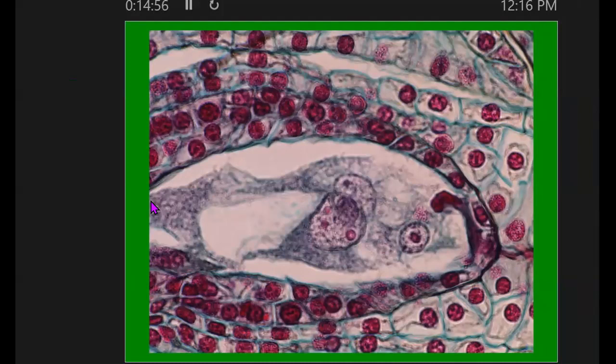Angiosperm, different. Both sperm make it and have important jobs. So one sperm will fertilize the egg, which is over here by the micropyle area. Now what's going on in the middle here, that second sperm merging with the polar nuclei in that cell, what's going to result from that is the endosperm tissue.